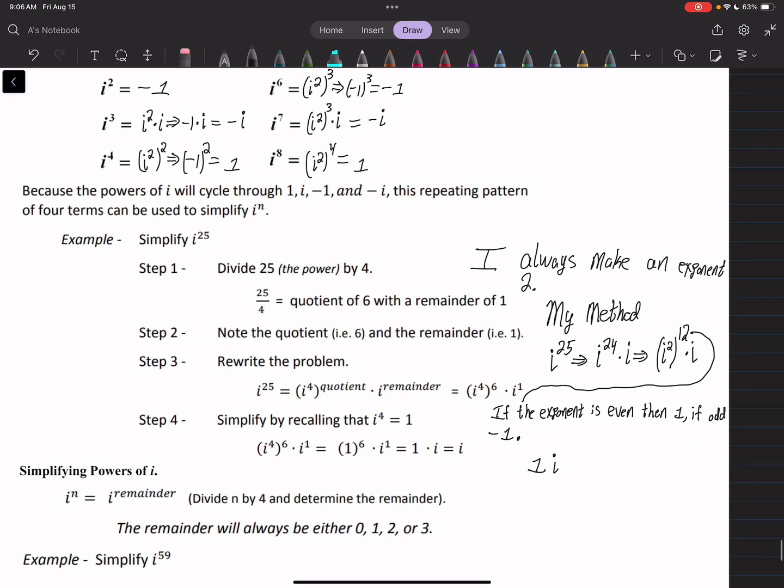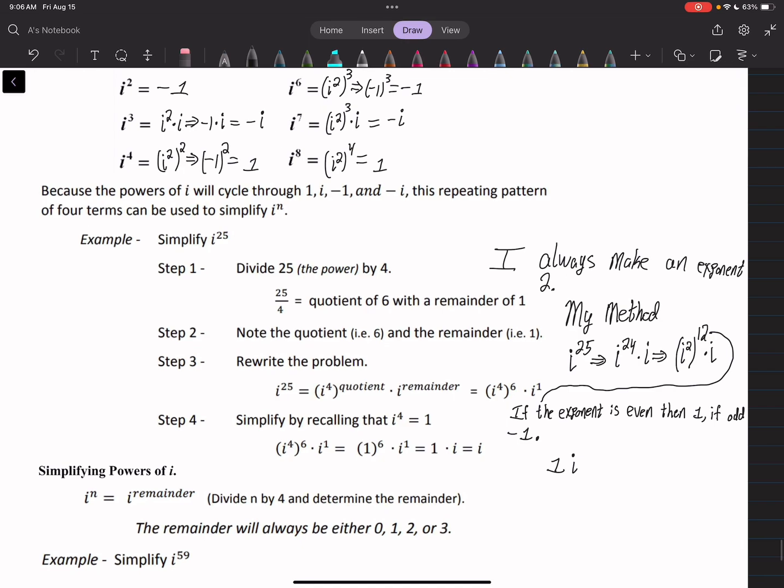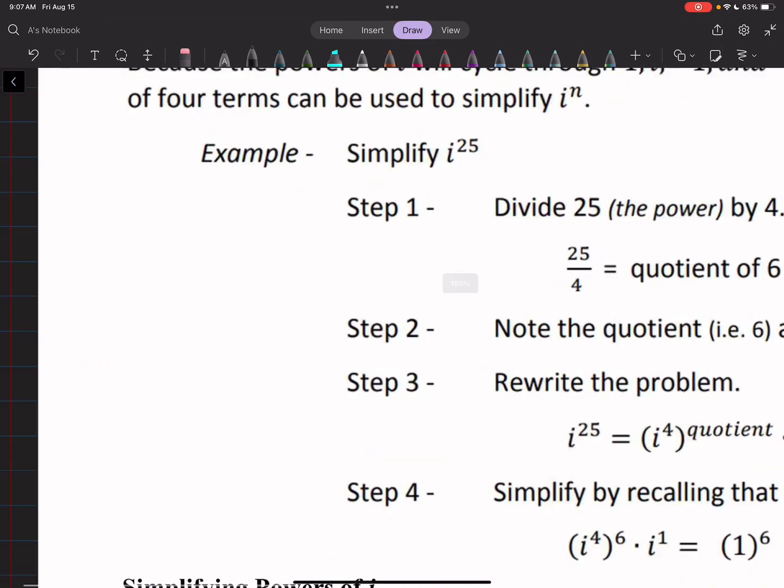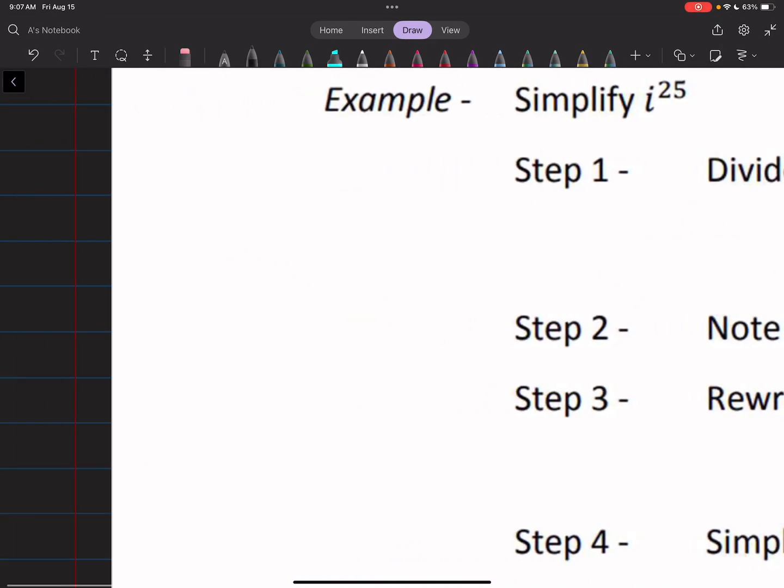I've worked out my method on the right-hand side. You can pause it and write it down, of course, but I'm going to talk you through it. Whenever I'm trying to simplify i to any exponent, the first thing I do is make that exponent an even number by subtracting 1 from it if it's not already even.